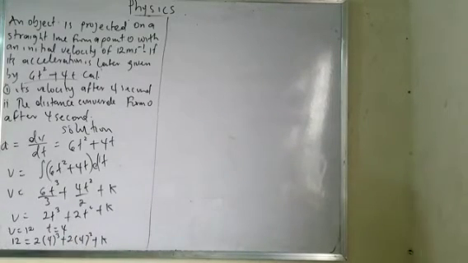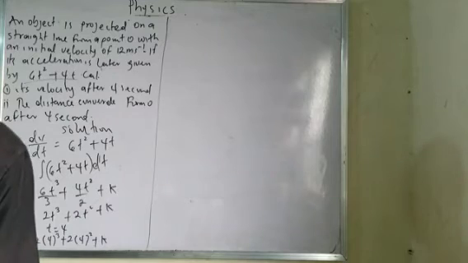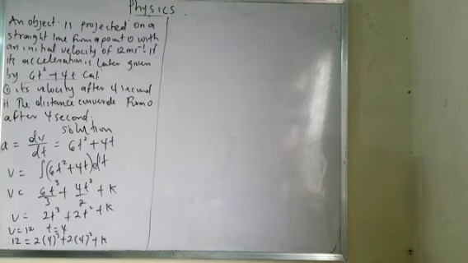Now, 4 cubed is 64, times 2 that will be 128.